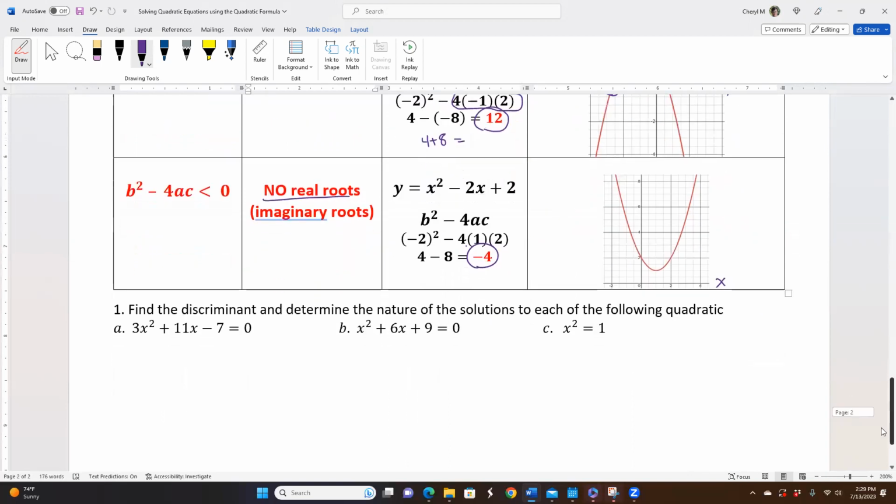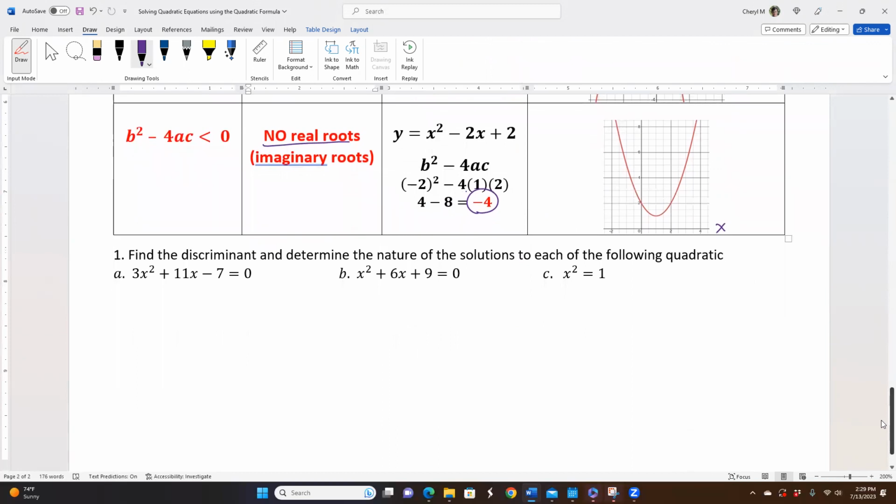So let's look at these questions here and use the discriminant to determine the nature of the solutions of the following quadratic equations. So in A, we have 3x squared plus 11x minus 7 equals 0. So our a for this problem is 3, b is 11, and c would be that -7.